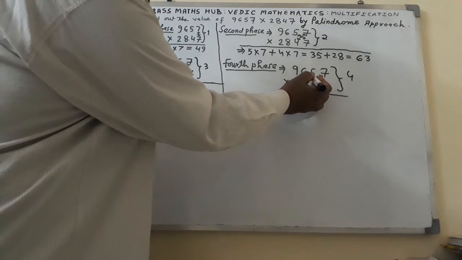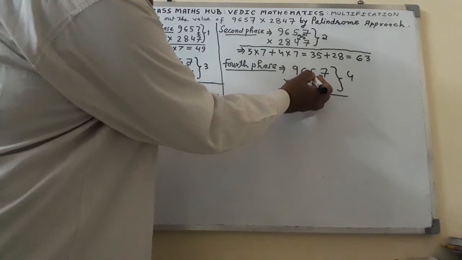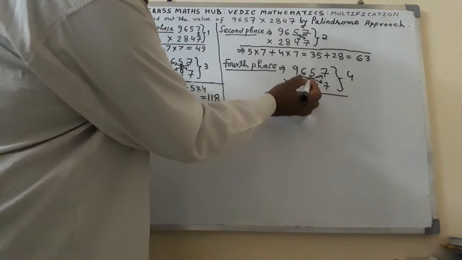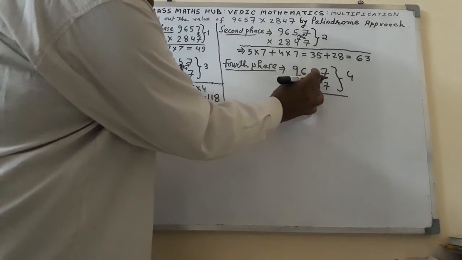Here again 5 will multiply to 8 and 6 will multiply to 4.